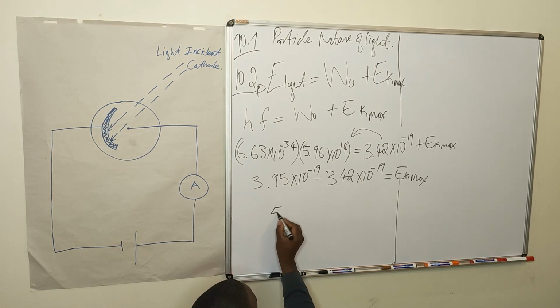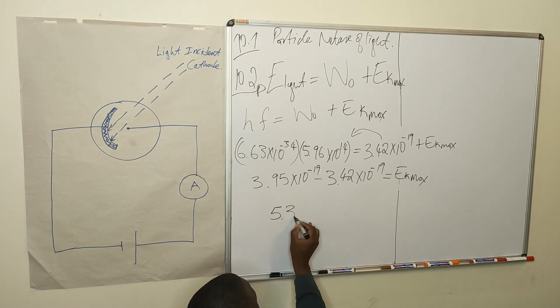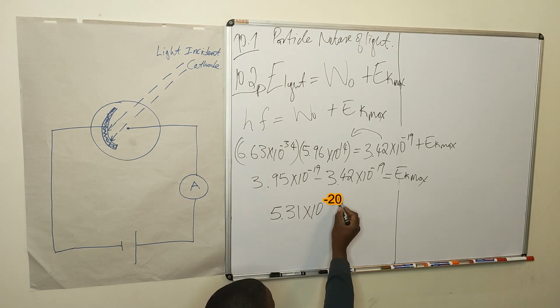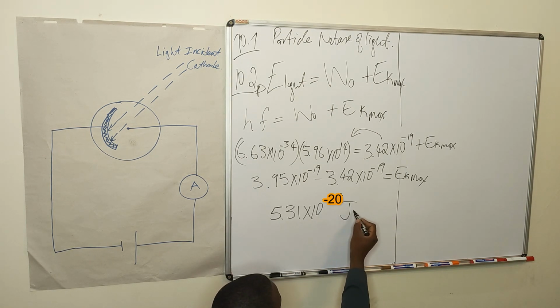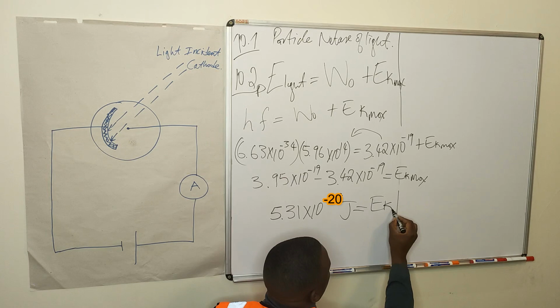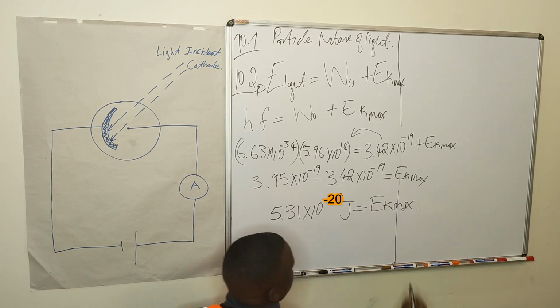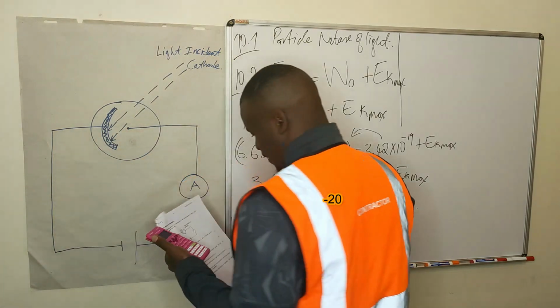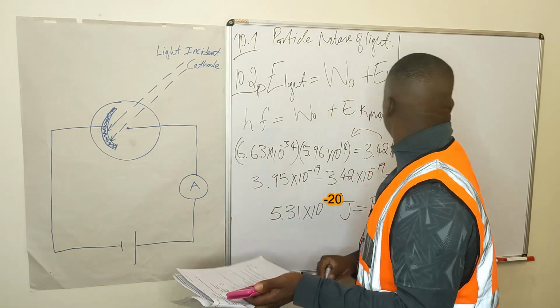You have 5.31 times 10 to the minus 20 joules. This will be your maximum kinetic energy. We're done with this one. Then let's go.